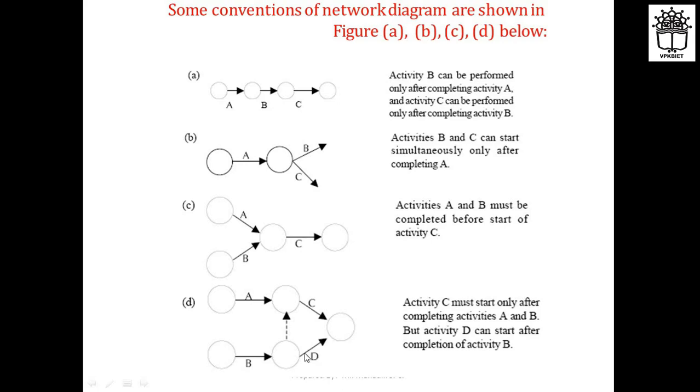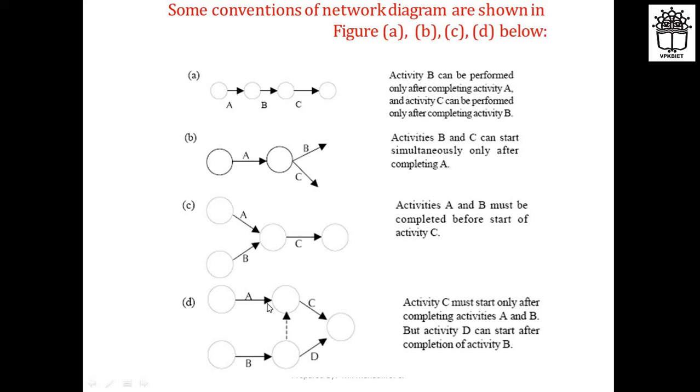Whereas activity D can start after completion of B, because you can see B is coming from this and you can start D right after completing B. But for C, activity A, this is a dummy activity, and activity B should be completed, because from B again the activity will go into C. The arrow is shown like this. So for starting activity C, you should complete activities A and B, but for starting activity D, you should complete only activity B. There is no effect of activity A on this.